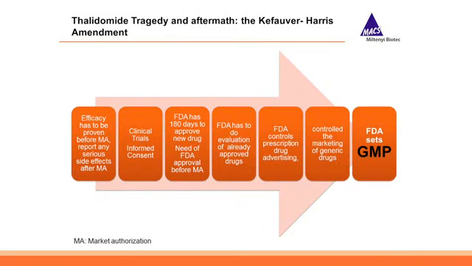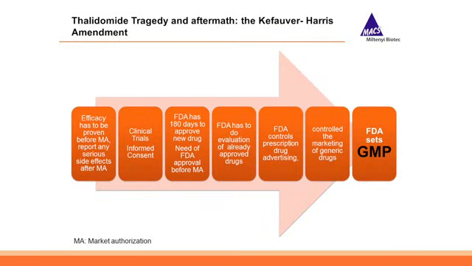It required for the first time that clinical trials have to show the efficacy of the drug, and these clinical trials have to be adequate and well controlled. And something which is more and more important nowadays, the study subjects would be required to give their informed consent. Then it gave the FDA 180 days to approve new drugs, and it required the approval before the new drugs could be marketed in the United States.